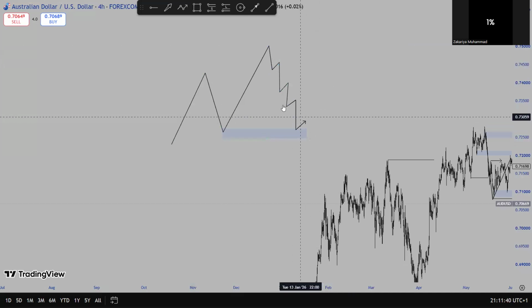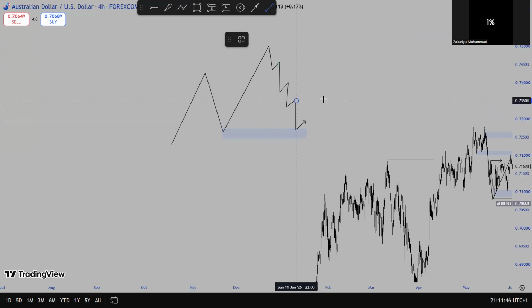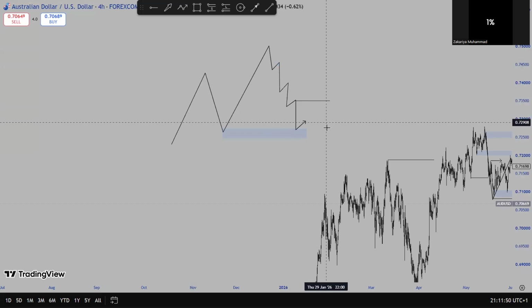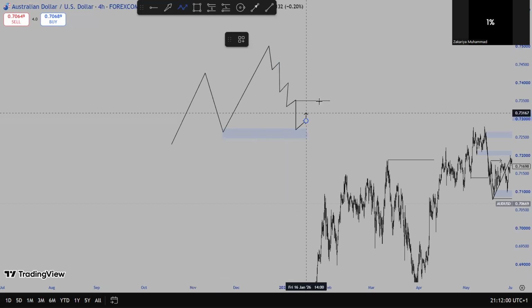If your internal structure has not shifted bullish, that means it has not taken out your last high, which is your lower high, you will still be bearish. Don't consider your high time frame because internal structure has to shift bullish first before your higher time frame shifts bullish.